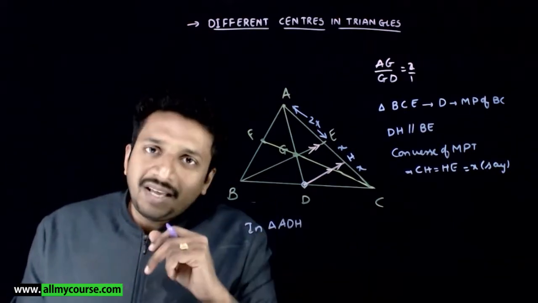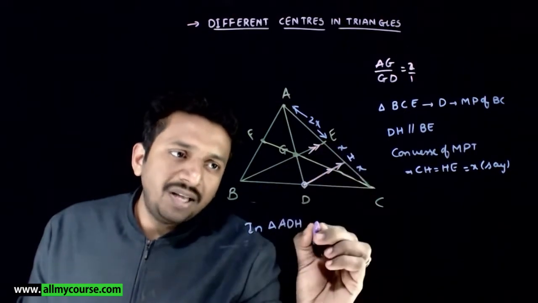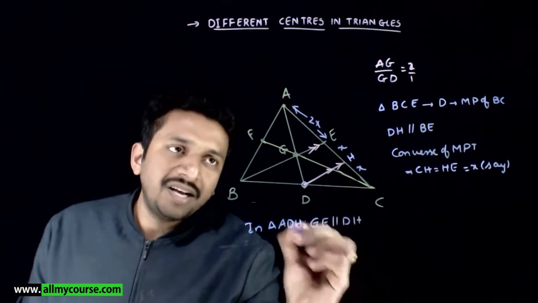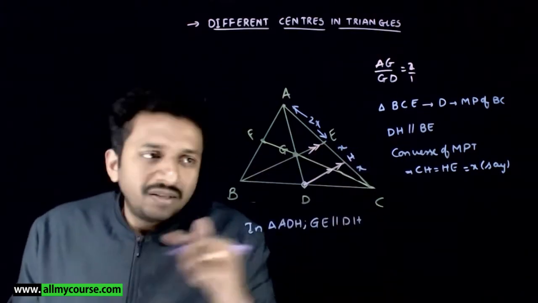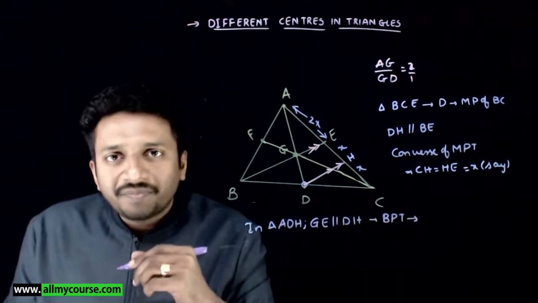In triangle ADH, my GE is parallel to DH, right? So from basic proportionality theorem, what can you say?